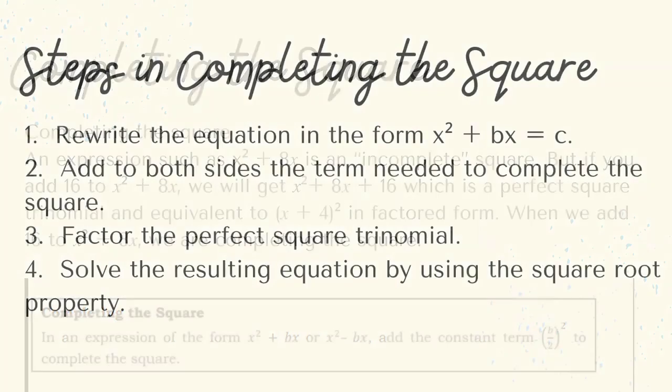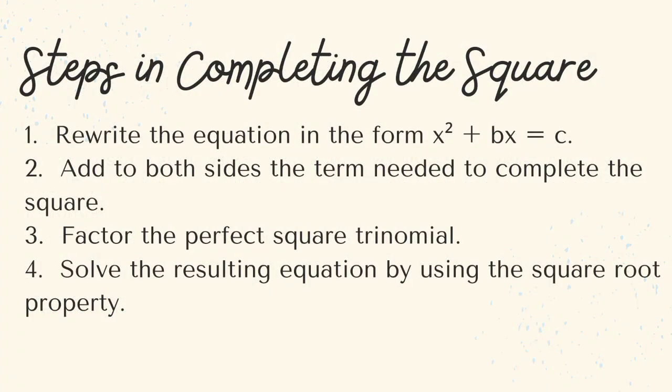Now we will go to the big deal, the steps in completing the square. Number 1, rewrite the equation in the form x squared plus bx equals c. Number 2, add to both sides the term needed to complete the square. Number 3, factor the perfect square trinomial.